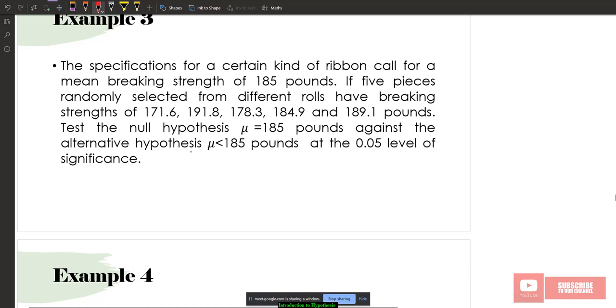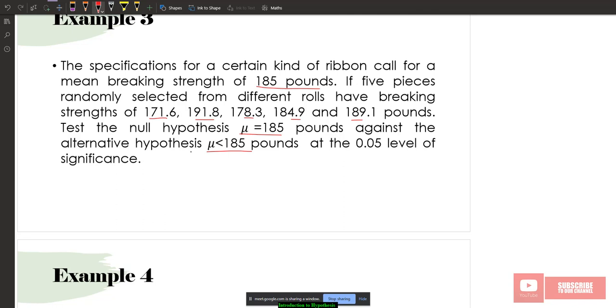So in example number 3, we have the mean breaking strength of 185, and then we select 5 pieces of ribbon coil. So this is the value. Null hypothesis: mu is equal to 185. The alternative hypothesis: mu is less than 185.